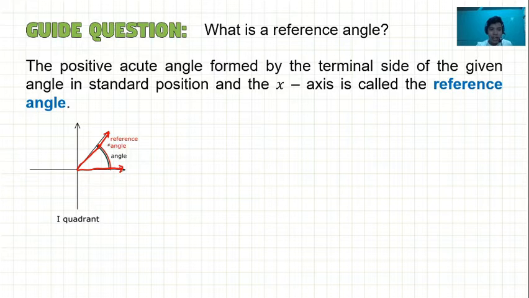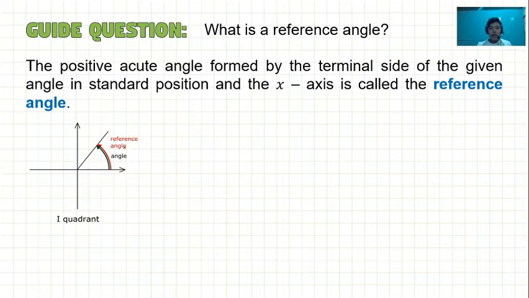Therefore, in this case, the reference angle is just itself, right? So we have this reference angle. You cannot have this one as your reference angle, even though it is the angle formed by the terminal side and the x-axis, because this angle is not an acute angle. So for quadrant 1, this is your reference angle.